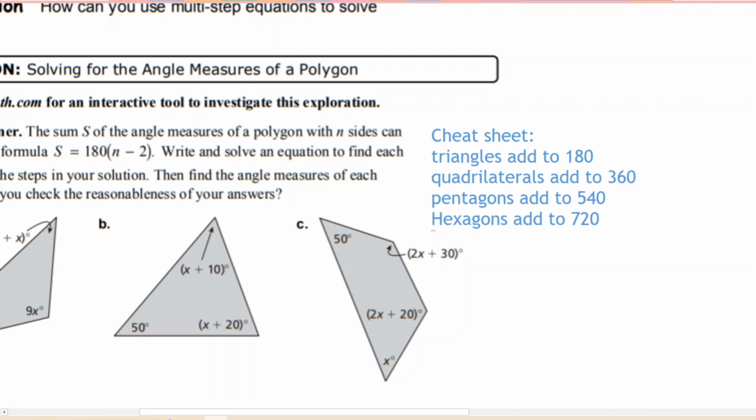So there we have it. Our cheat sheet's complete. We know that triangles all add up to 180. Quadrilaterals always add up to 360. Pentagons always add up to 540. And hexagons always add up to 720. So we don't ever have to do that again.